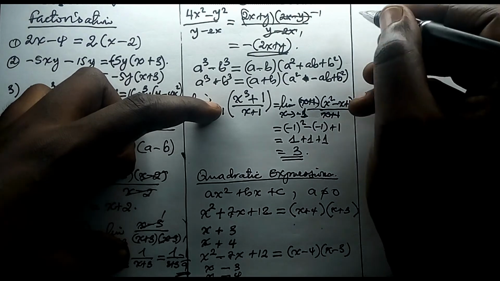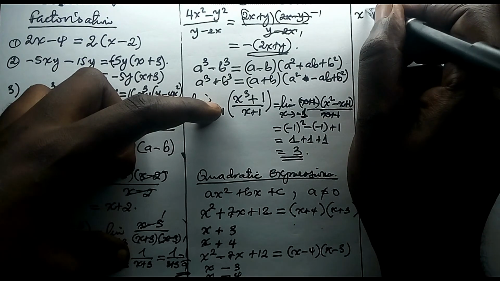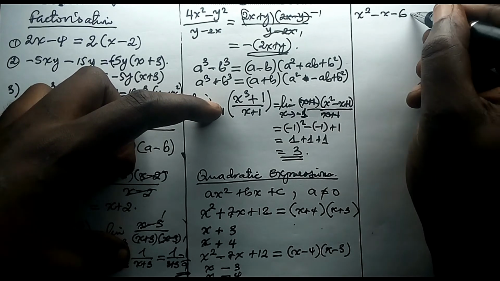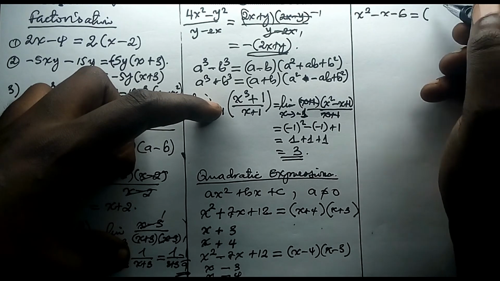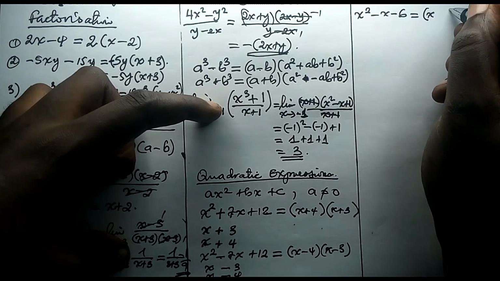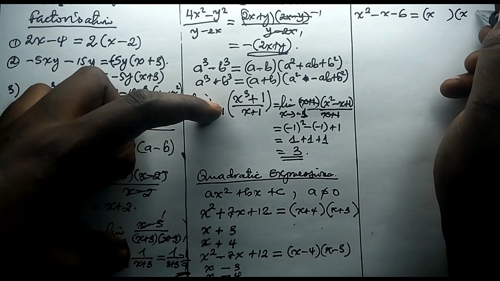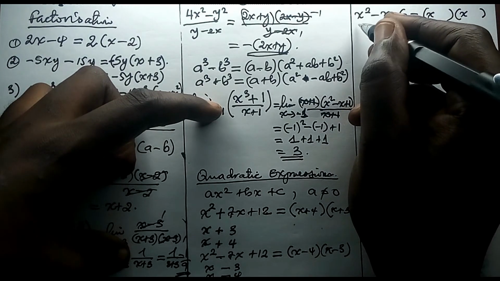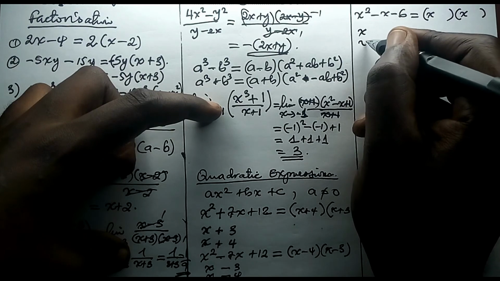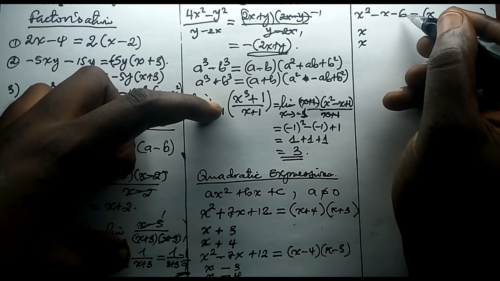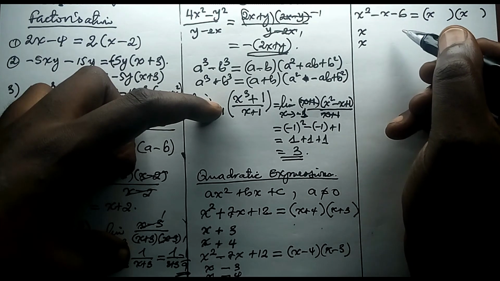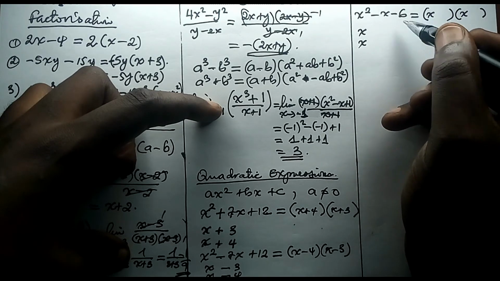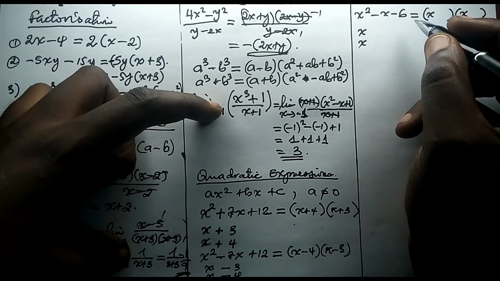I could also have x squared minus x minus 6. So I will get the factors as x plus or minus some constant and x plus or minus some other constant. In rough work, x squared would simply be x times x, and negative 6 again. Since I have negative 6, one of the numbers has to be negative.